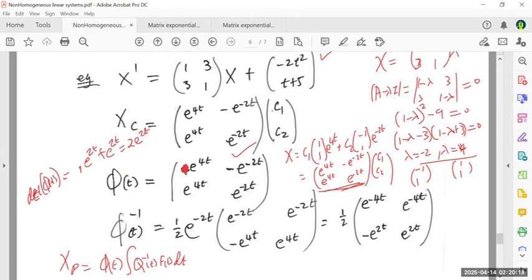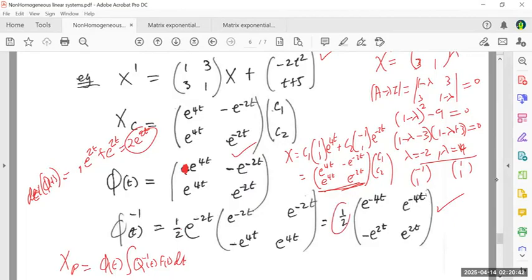So the inverse is 1 over 2 e to the power 2t, which gives us half e to the power minus 2t. Then you exchange the diagonal entries and change the signs of the other two. At the end, you have this inverse matrix of the fundamental matrix of solutions.